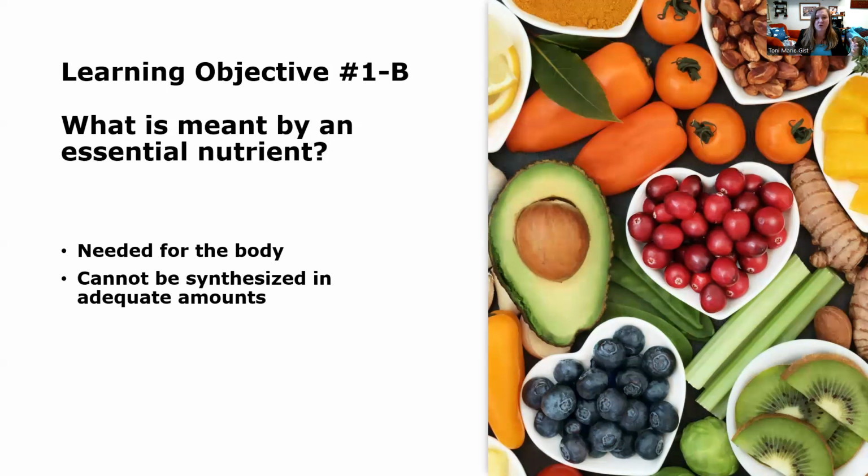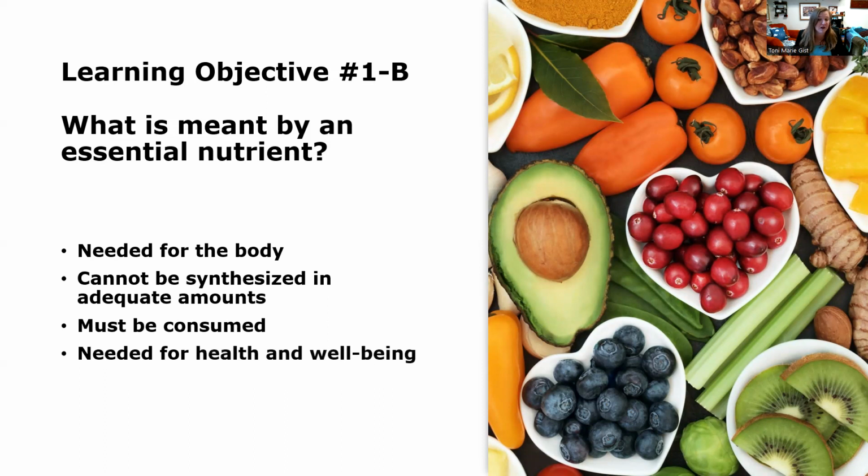Even though our body can synthesize a little bit of vitamin D with some sun exposure, oftentimes, especially here in Illinois, where the weather is not so ideal, we don't produce enough vitamin D to meet our body's metabolic needs. Therefore, it becomes an essential nutrient, which means that we must consume it. And if we don't consume it, and we know that it's needed for health and well-being, we start having problems with regard to deficiencies.